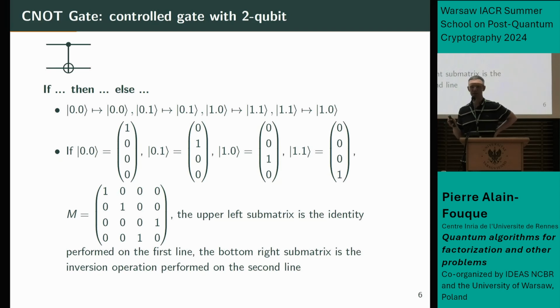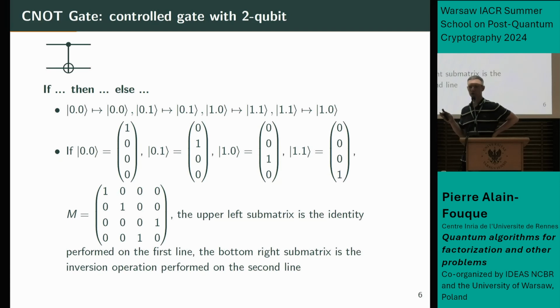So I can describe the matrix multiplication for such an operation. Since it's a 2-qubit gate, it's a 4 by 4 matrix. And in fact, nothing happens for the first qubit. That's why in the top-left corner you have the identity, which means that for the first qubit you don't do anything.